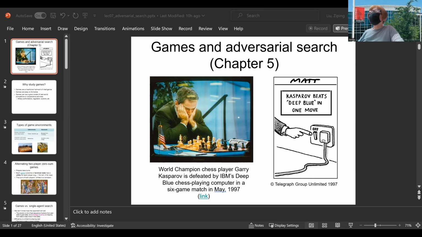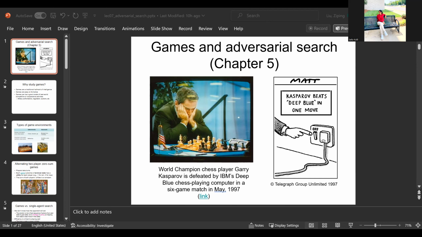And here is an example with tic-tac-toe. Just think about how complicated the game tree is. In tic-tac-toe you have two players, suppose you call them max and min.